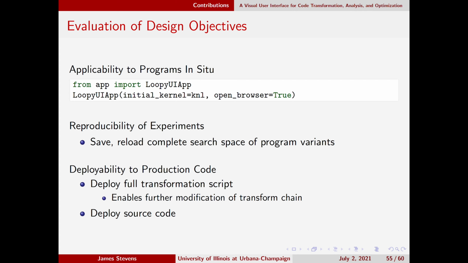We also provide complete reproducibility of a given search space for subsequent experimentation. And for program deployment, a user can export both the source code and a transformation script that applies all the transformations they performed in the interface to generate the program.